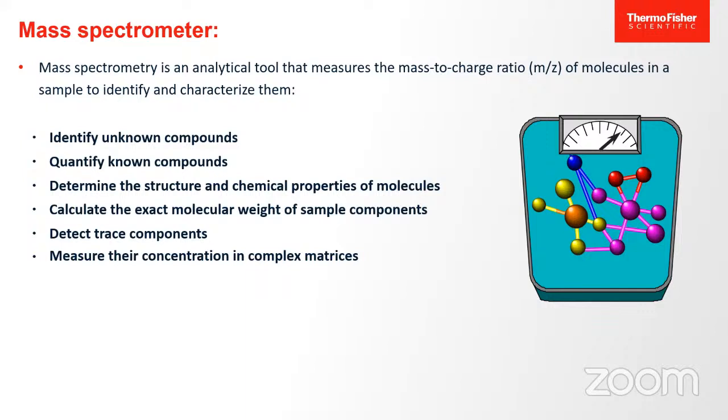If you have a tissue biopsy, a serum sample, urine, or any biological fluid, there can be hundreds and thousands of analytes or compounds. Mass spec has a unique capability to identify those compounds, whether it is A protein, B protein, or different kinds of protein, or metabolites, or lipids. I'm talking in relevance with biological fluid.